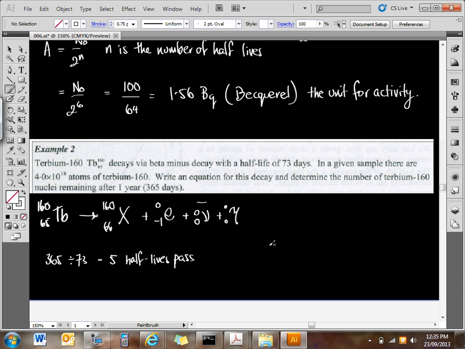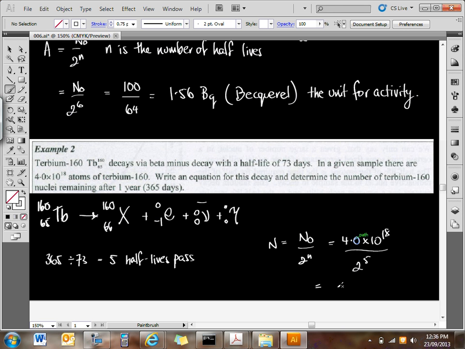N. Yes, Paul. That's right, where little n equals the number of nuclei remaining, and n naught is the original number of nuclei. So we get 4.0 by 10 to the power of 18 over 2 to the 5, the number of half-lives.